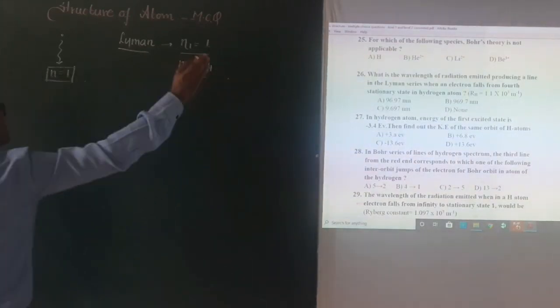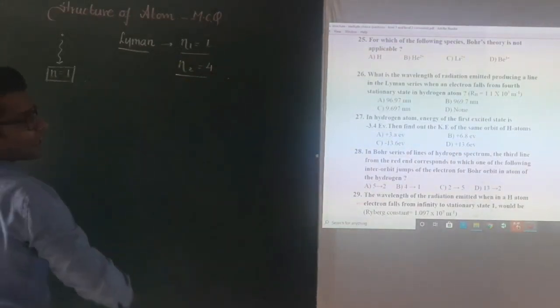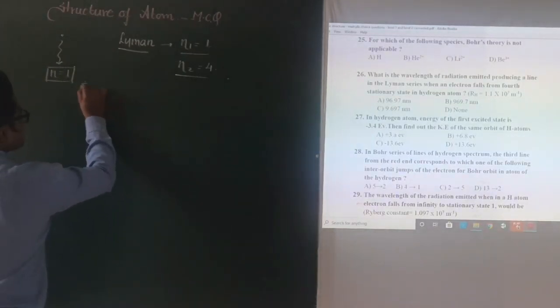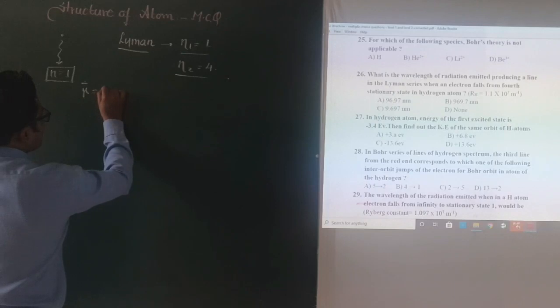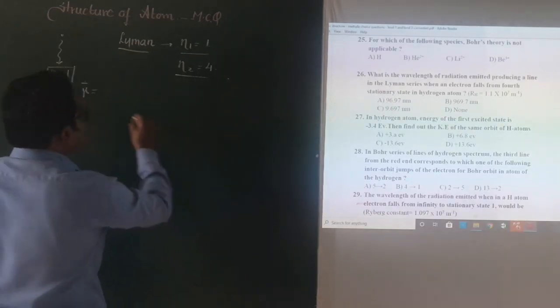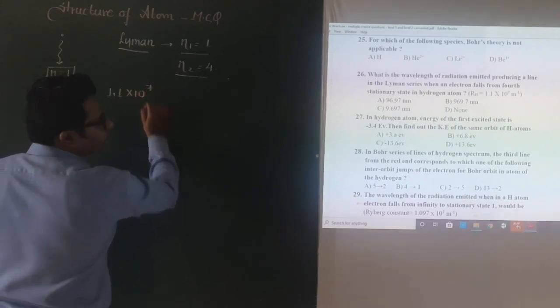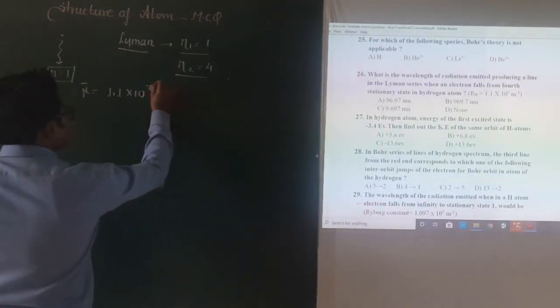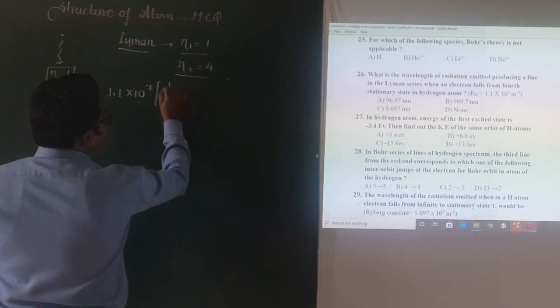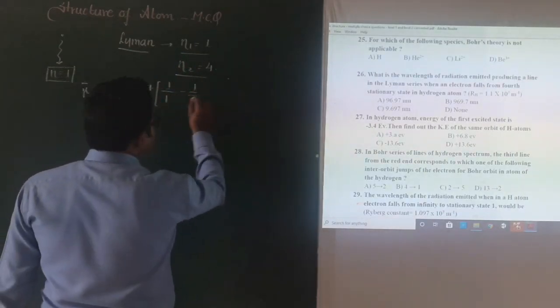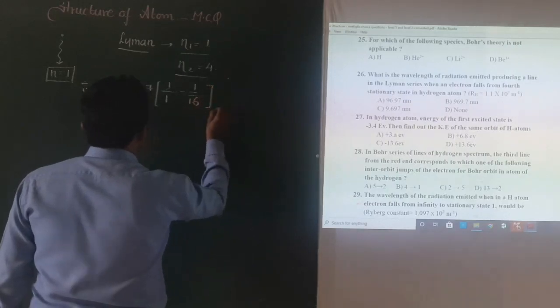So they are looking for the wavelength. Wave number is equal to R, whose value they have given as 1.1 into 10 raised to 7, multiplied by 1 over n1 squared minus 1 over 4 squared, that is 16 in this case.